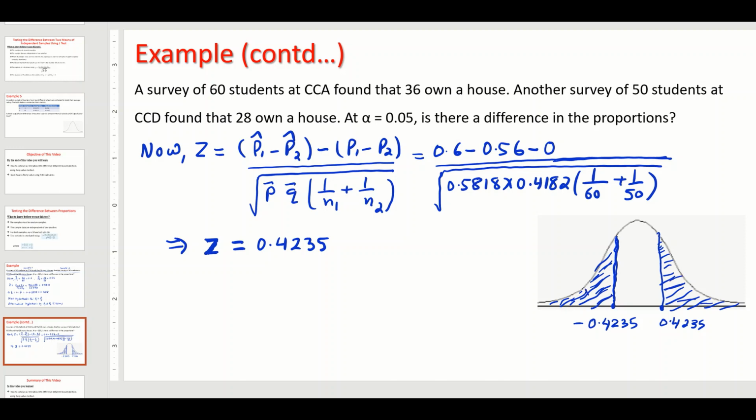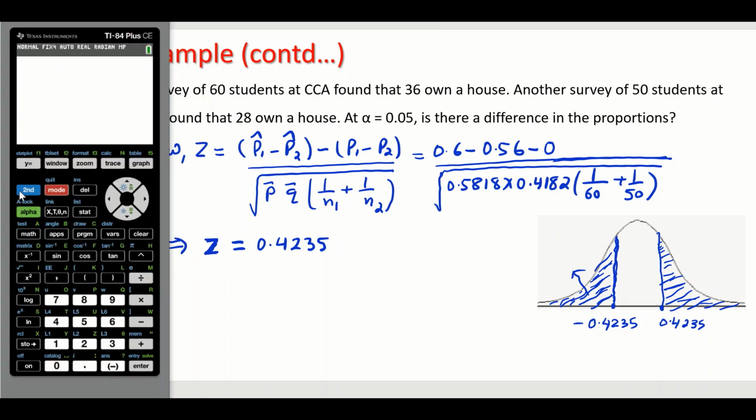So let's find the area on the left tail first. For that, we are going to use our TI-84 calculator. So we'll do second, then distribution, and then number 2. Lower limit is negative infinity, so negative E99, that's good.